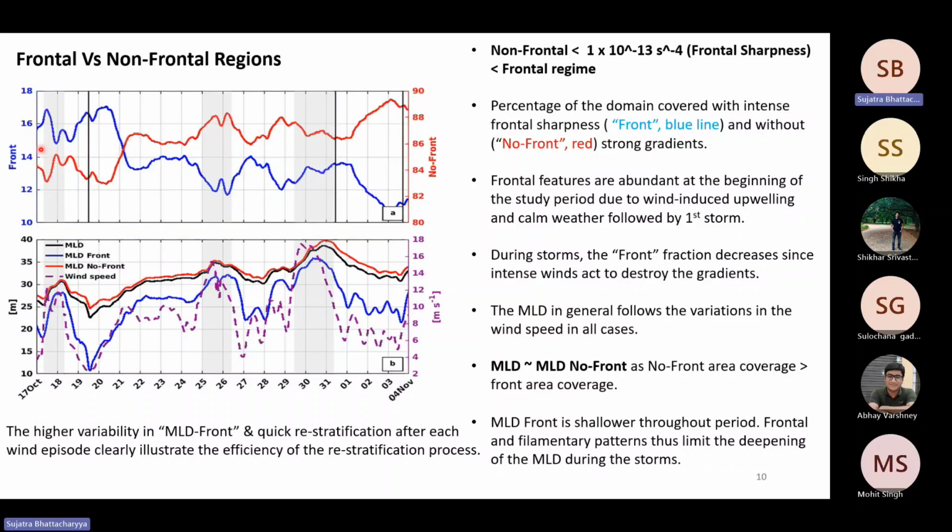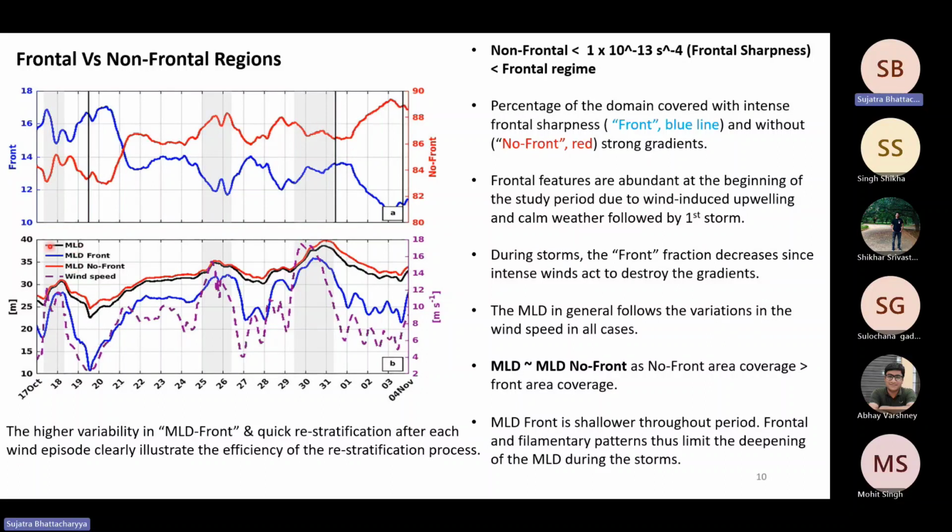During the first period of their study, you can see a very little dark gray vertical patch. Those are the three storm events. Once a storm event starts, the frontal region decreases because of the mixing, but still it dominates. This red curve shows the non-frontal region within that box. Afterwards, winds get stronger, and that's why the frontal region is minimized and the non-frontal region dominates.